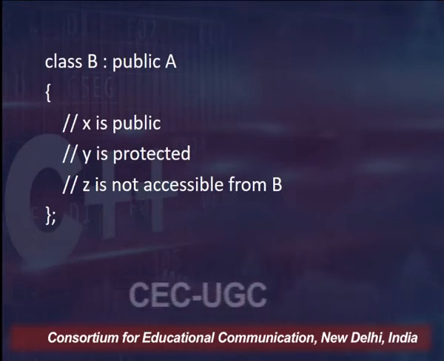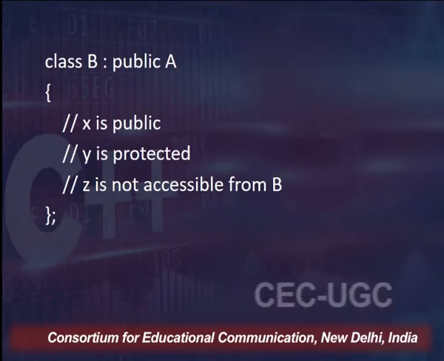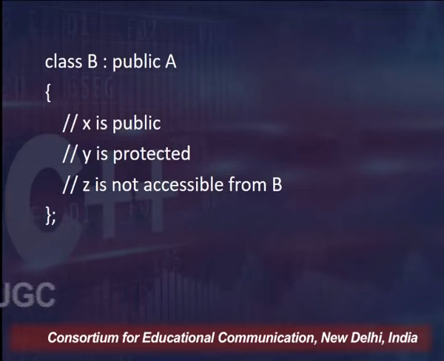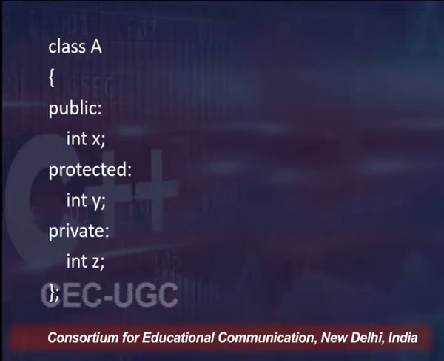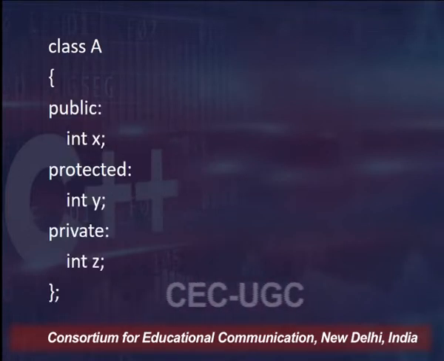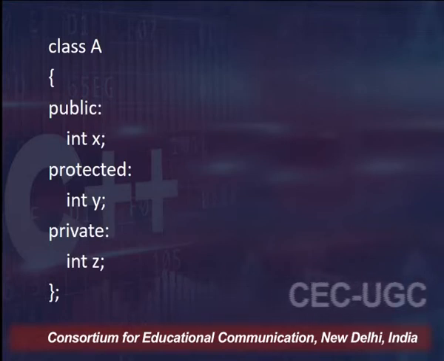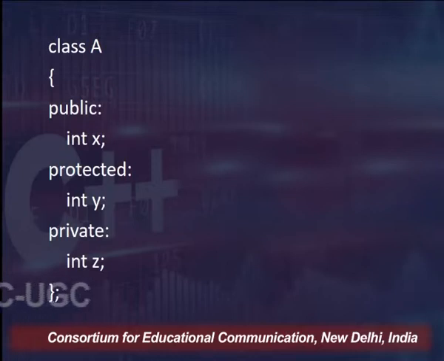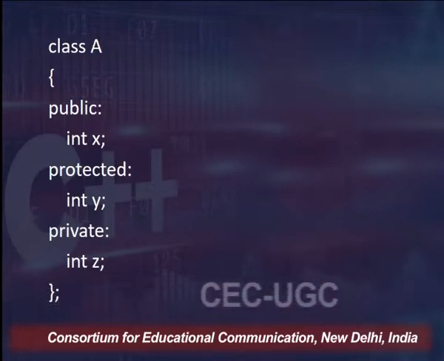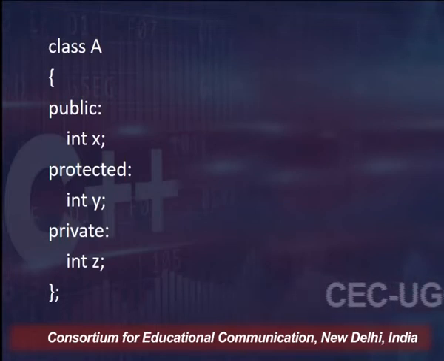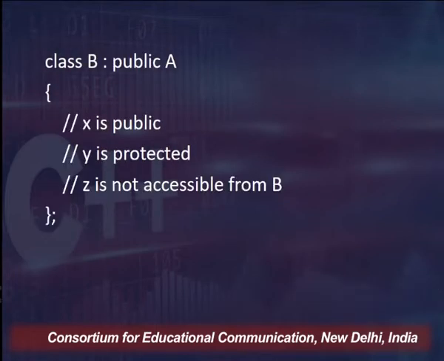So within this class B, X is a public member, Y is a protected member, and Z is not accessible because Z is a private member of class A. So public members will remain public and protected members will remain protected whenever the class is inherited in the public mode.